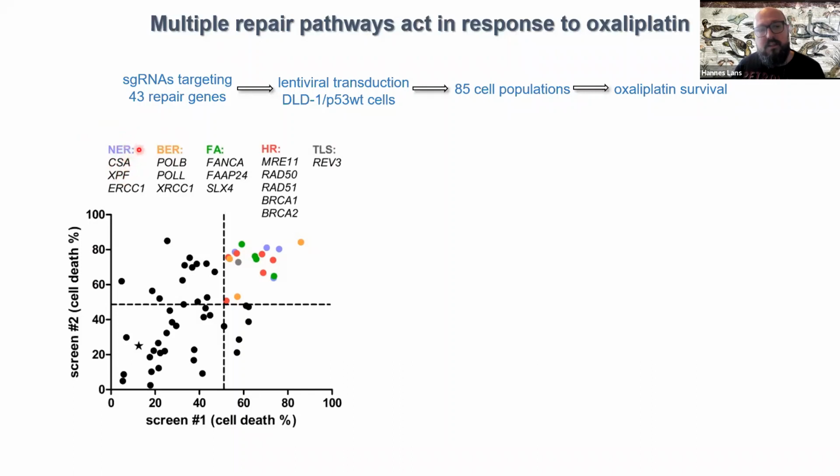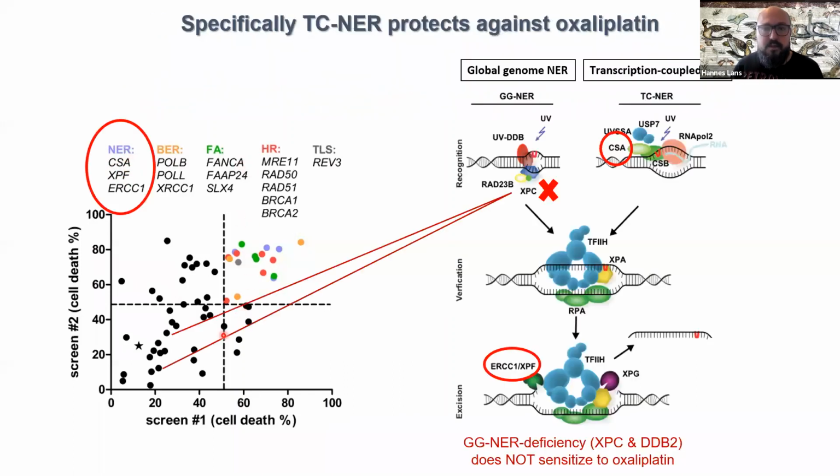For us it was surprising that if you look at the nucleotide excision repair genes, we found CSA there, and not, for instance, XPC or DDB2, which are involved in global genome repair. To us, this shows that it's especially transcription-coupled nucleotide excision repair that is important to protect cancer cells against the effects of oxaliplatin.